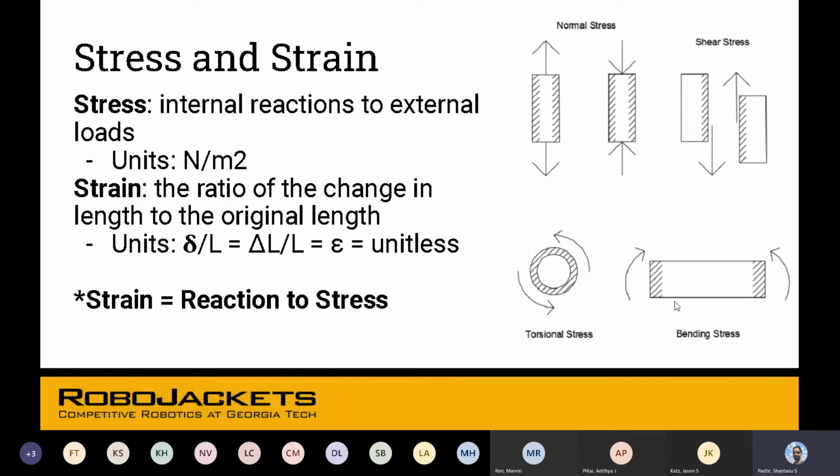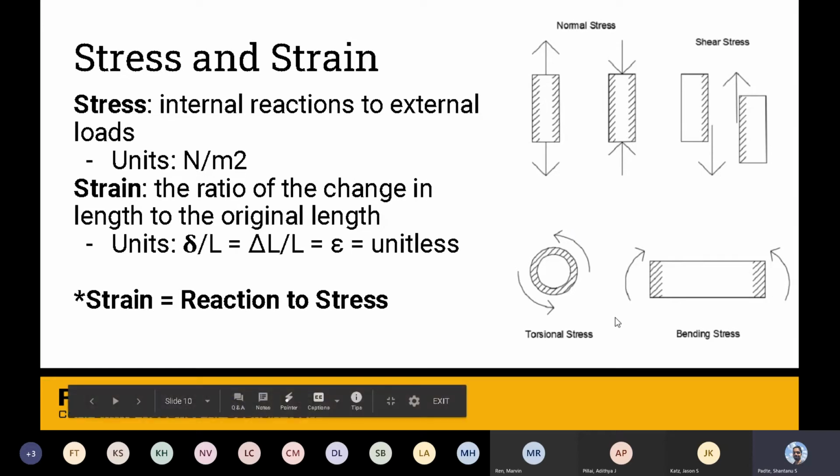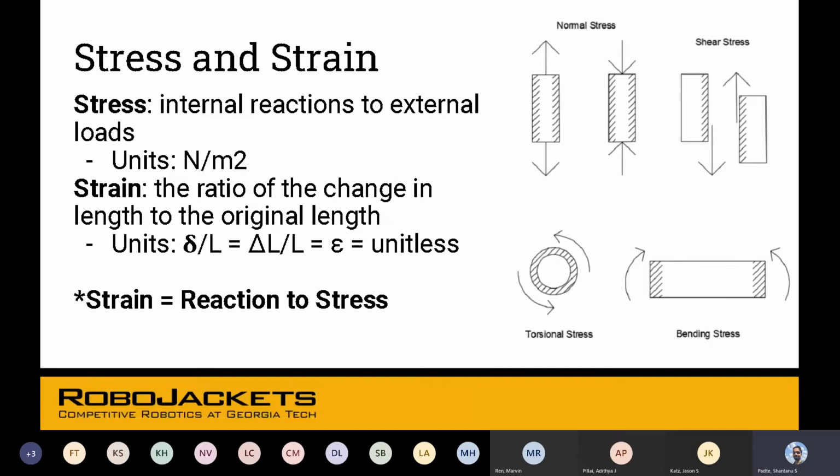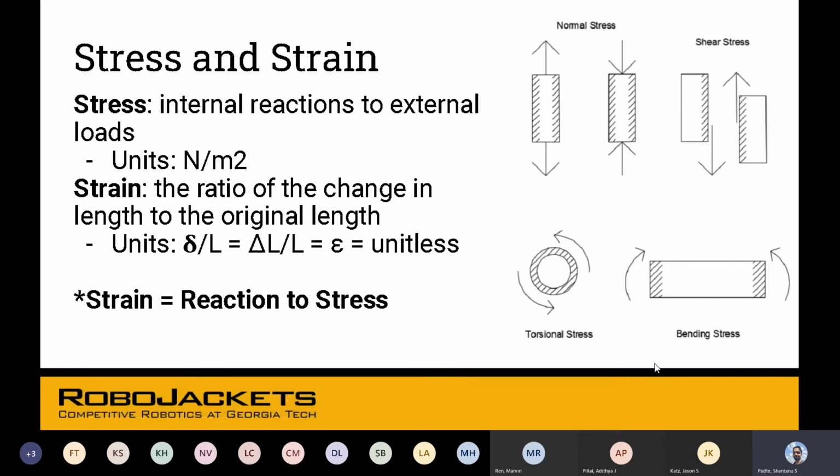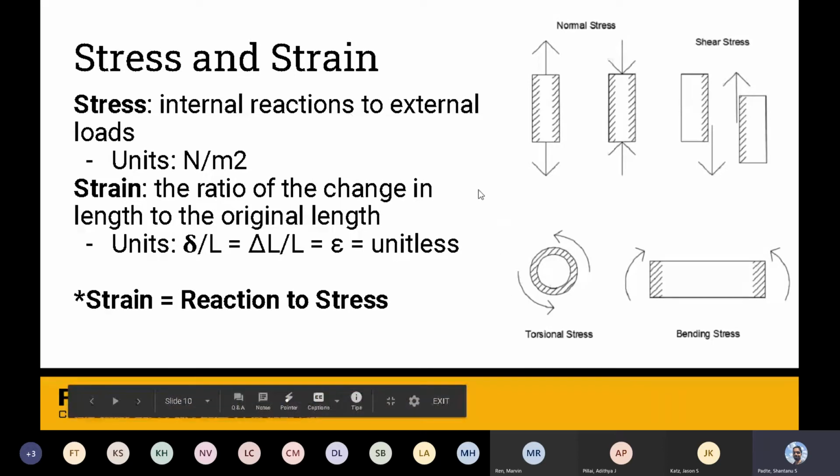So what do you think happens if bending stress is applied to this rectangular piece over here? Anyone? Well, it'll sort of turn into a U shape. Okay.